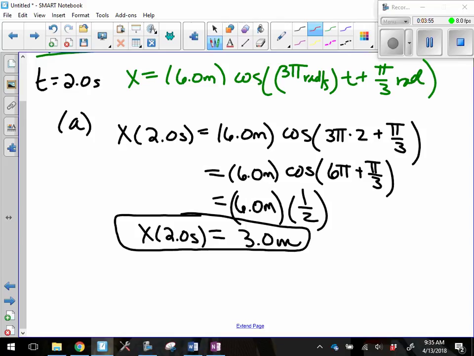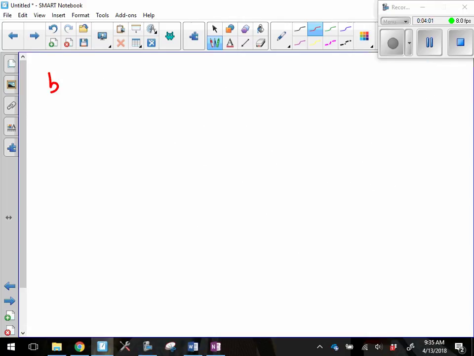What does part B ask us to find? So if we have to find the velocity, how do we find that? What is velocity always equal to? dx/dt.